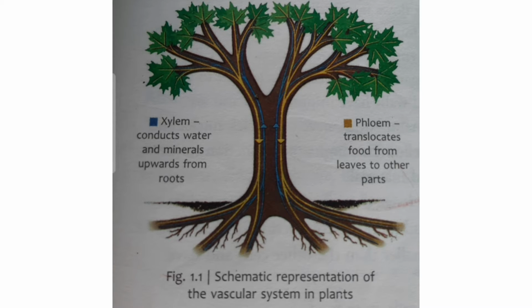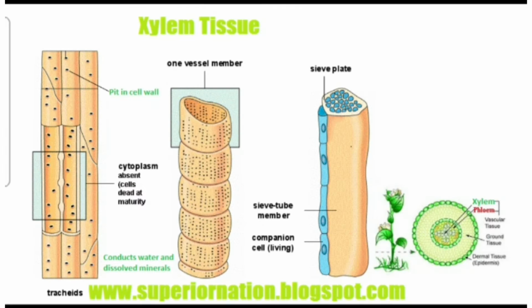These tissues are therefore also called conducting tissues. Here in this picture, you can see the yellow color has a downward arrow in the stem area, and the blue one has an upward arrow.